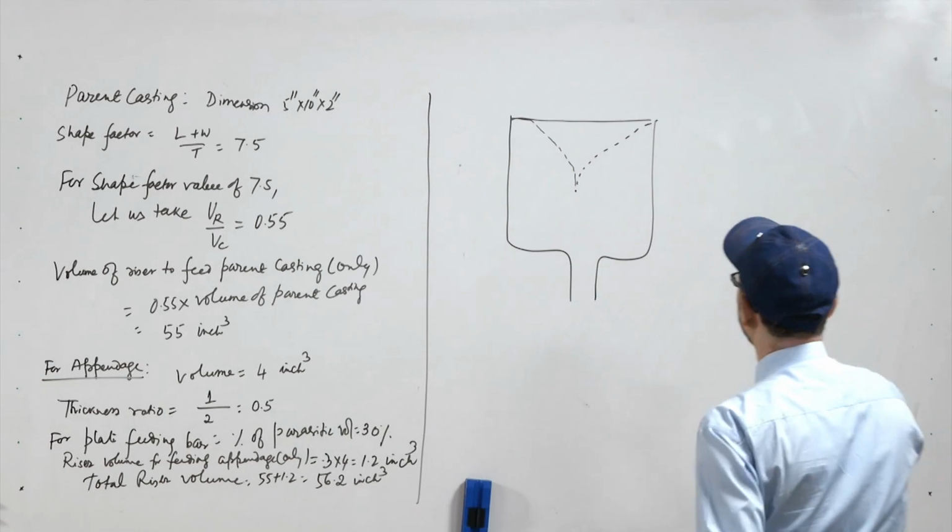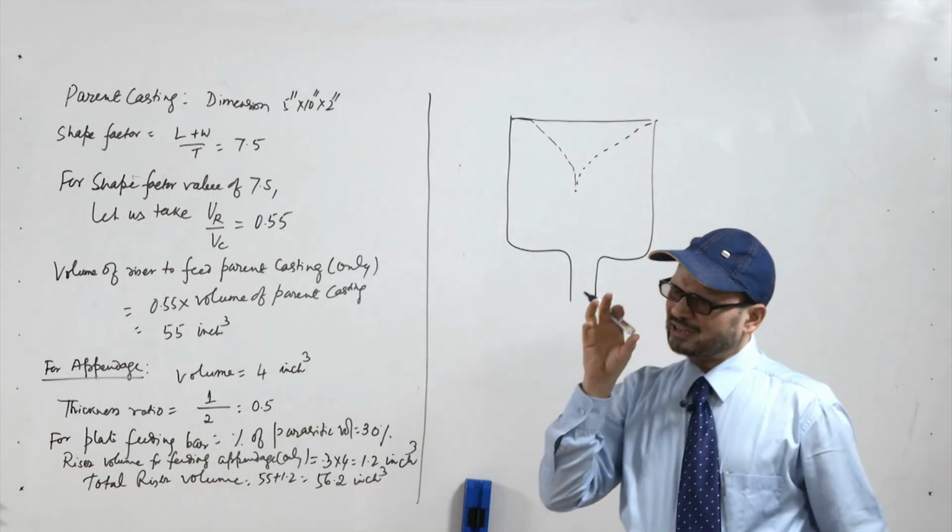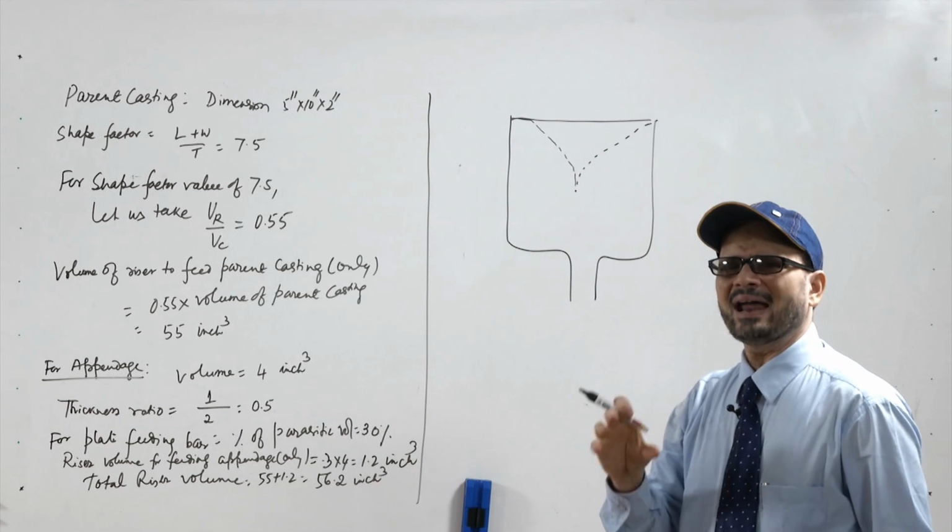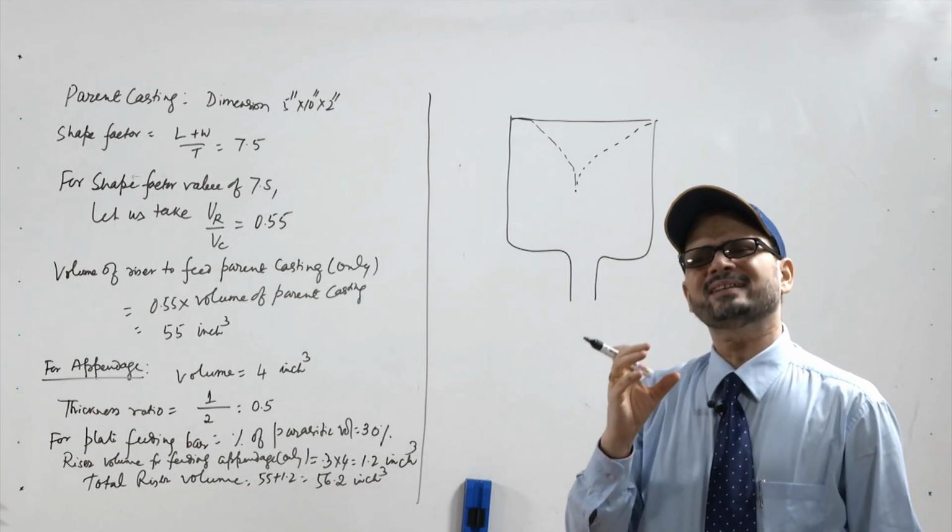This is nothing but the volume of metal which has gone into the casting, and that is basically because of the shrinkage.